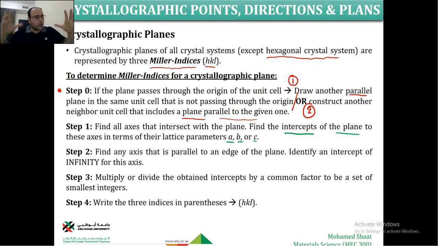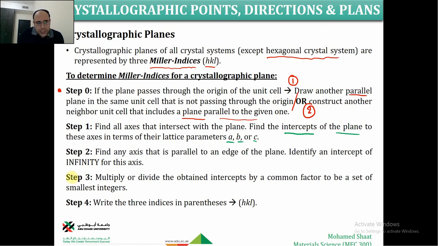We said that once we find the indices for the crystallographic direction, we have to multiply all the indices by the same number to end up with the smallest set of integers that form this crystallographic direction. So here you're going to do almost the same thing, because we could either multiply or divide the obtained intercepts by a common factor to get a set of smallest integers.